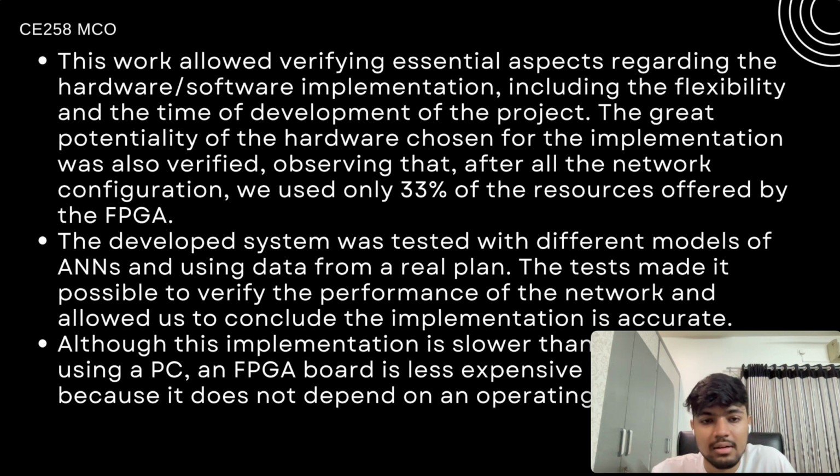The tests made it possible to verify the performance of the network. Although this type of implementation was slower than a usual implementation of artificial neural network using a PC, an FGPA board is less expensive, more user friendly, more cost friendly, has less power consumption, and mainly it does not depend on an operating system.